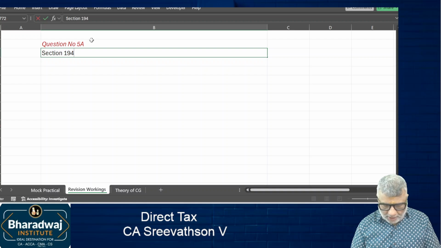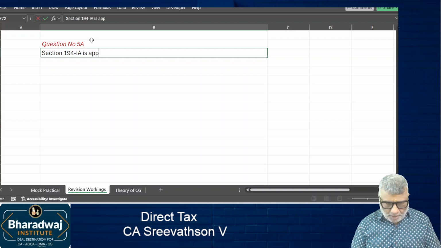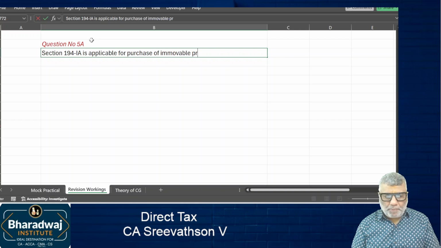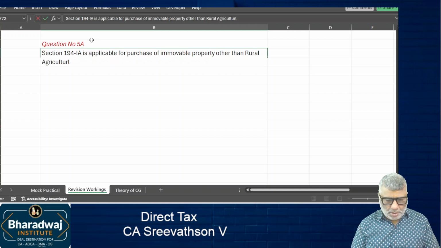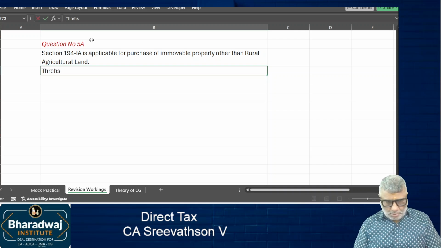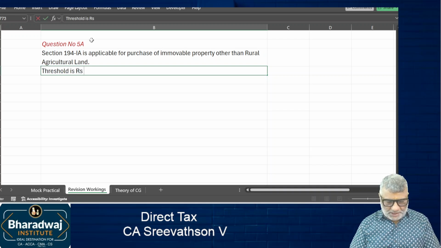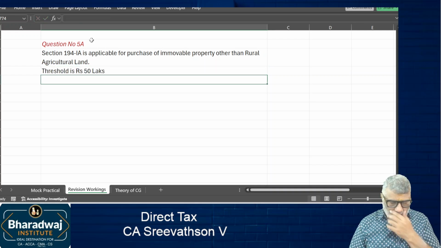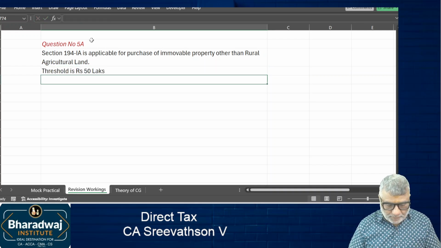Section 194IA is applicable for purchase of immovable property other than rural agricultural land. Threshold is rupees 50 lakhs.